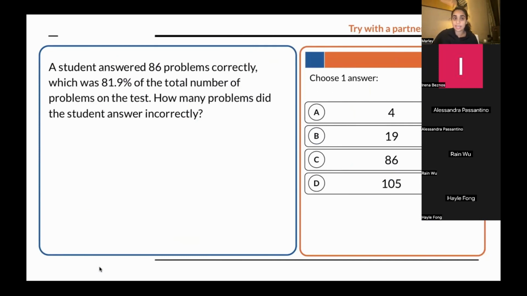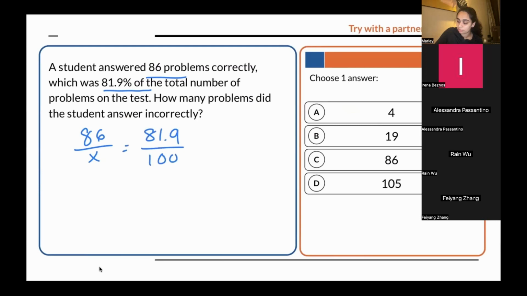So a student answered 86 problems correctly, which was 81.9 percent of the total number of problems on the test. How many problems did the student answer incorrectly? So we're trying to find first the total number of questions. We don't know. 86 over x equals 81.9 over 100. 86 times 100.